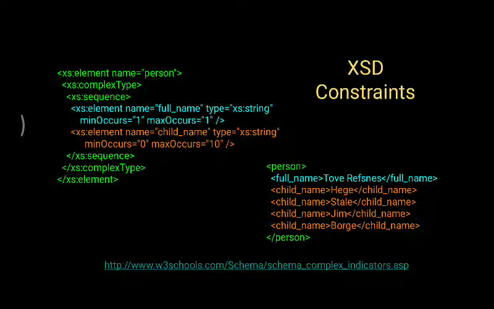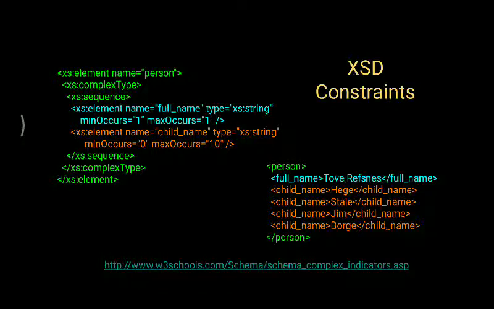So xs:element name equal to full name, type equal to string, and how many times it has to occur. minOccurs equal to 1, and maxOccurs equal to 1. So there is only one and only one name should be there in that.